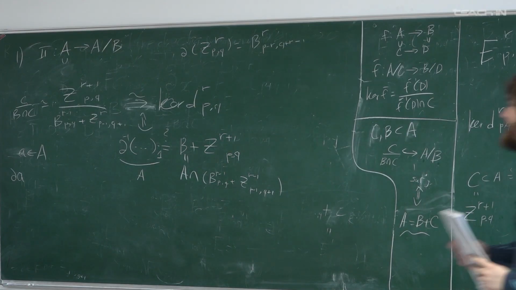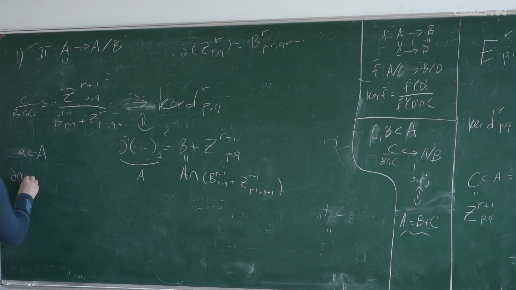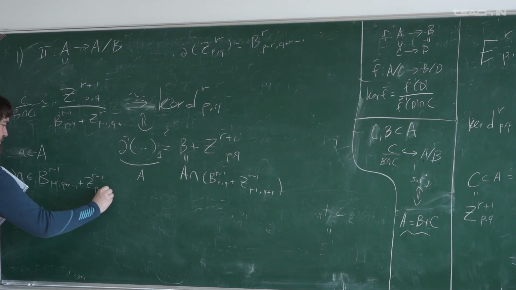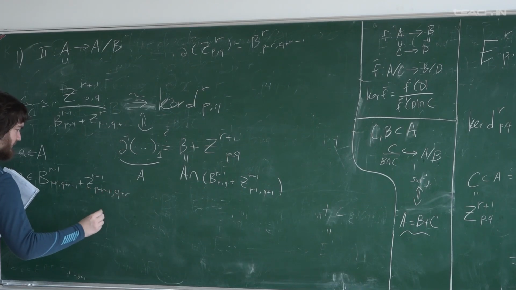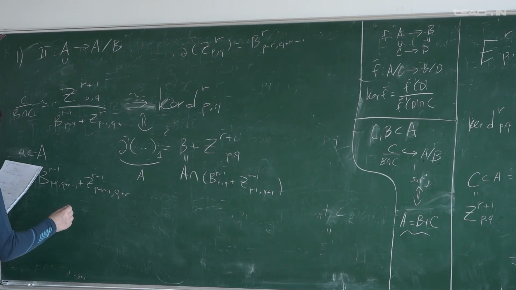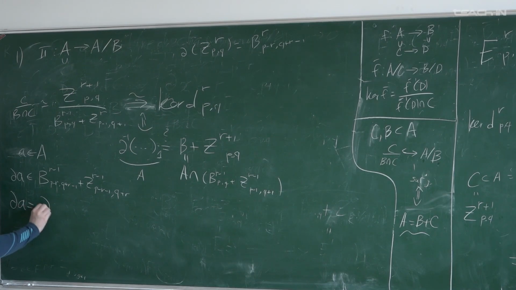This means that dA lies in B_{R-1}^{P-R,Q+R-1} plus Z_{R-1}^{P-R-1,Q+R}. So dA is some d, I don't know, b plus z.